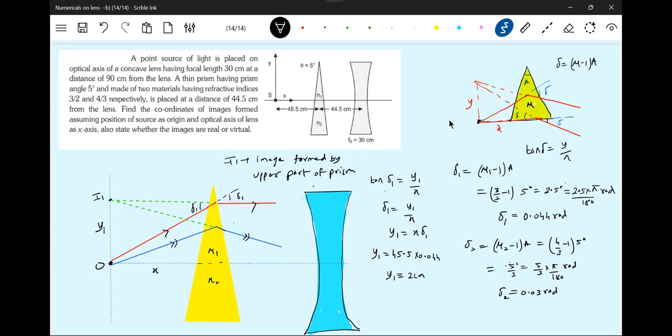O is the object. Similarly, we'll calculate tan delta 2.